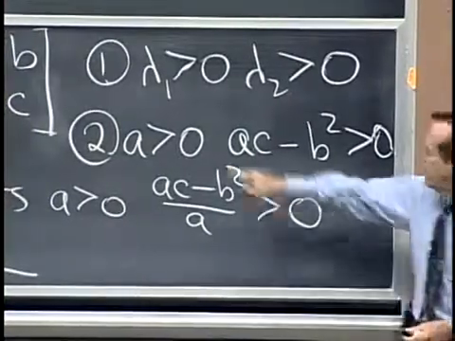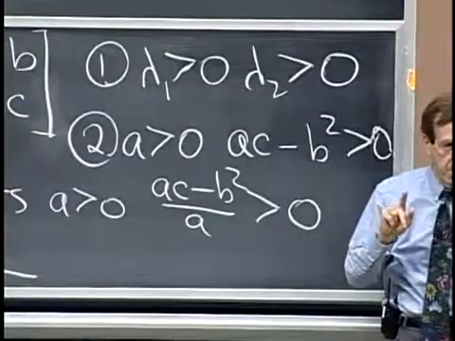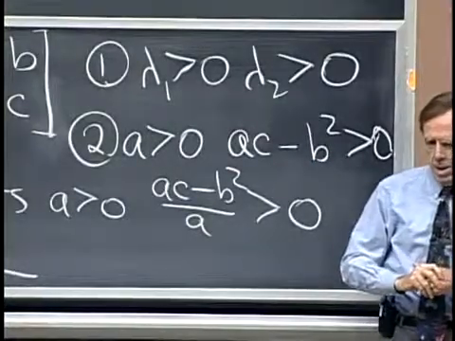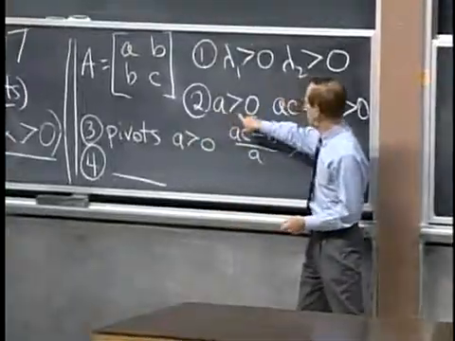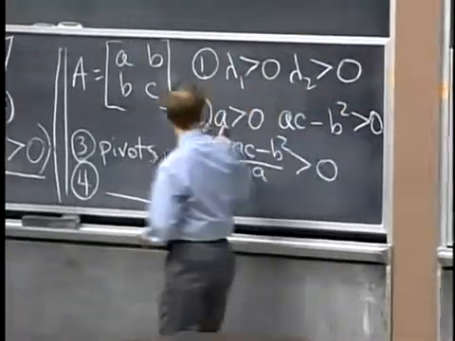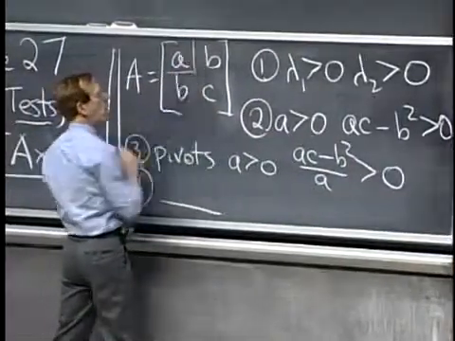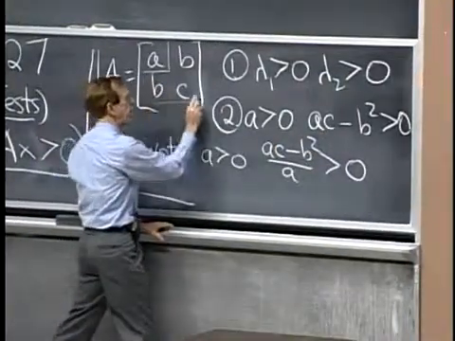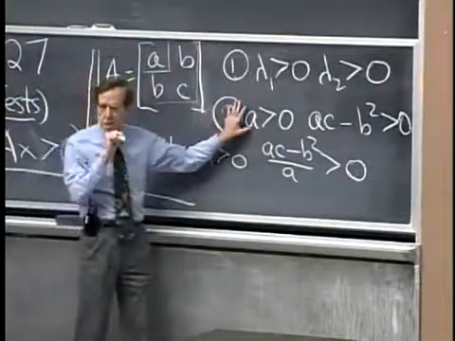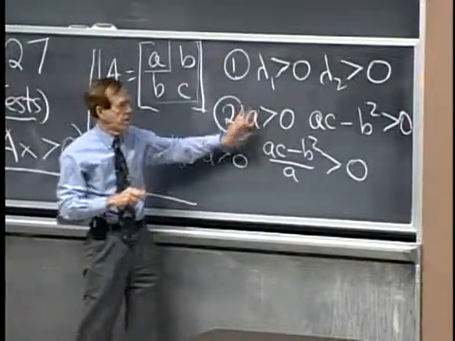If I know the eigenvalues, my test is, are they all positive? I look at that number a as the 1 by 1 determinant, and here's the 2 by 2 determinant. So this is the determinant test. This is the eigenvalue test.